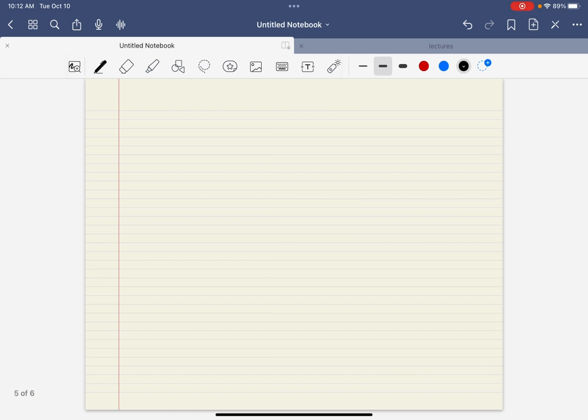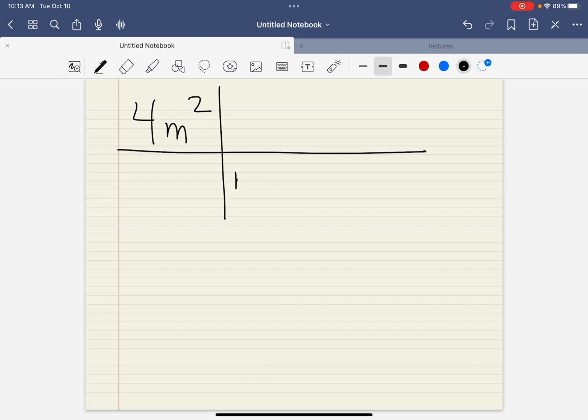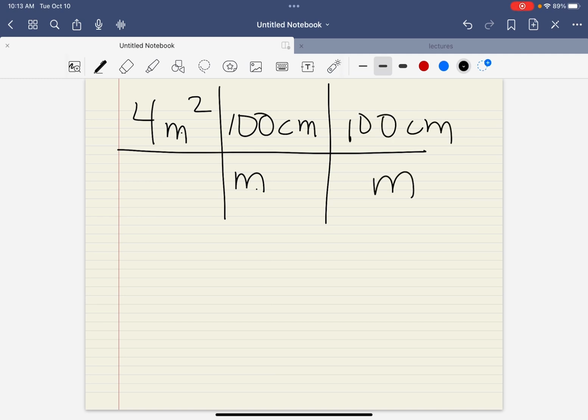All right, so the next example says use 2 unit multipliers to convert 4 square meters to square centimeters. So we start with 4 square meters. The conversion between meters and centimeters is in a meter, there are 100 centimeters. But again, a meter does not cancel a square meter. So we have to do this again. 100 centimeters over a meter.